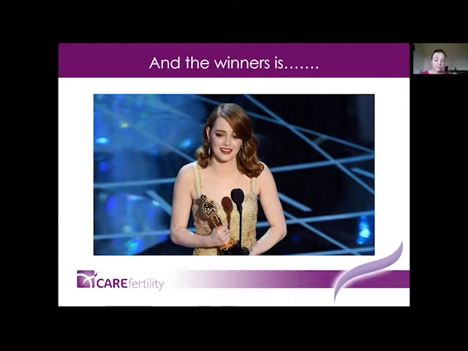So he's busy tweeting away as Warren Beatty and Faye Dunaway are coming up on the stage to give the award for the best picture. And he's distracted by tweeting and hands the wrong card to them, the wrong envelope, as they go on the stage. And I'm sure you all remember it from a few years ago. It resulted in them reading out the wrong name for Best Picture.